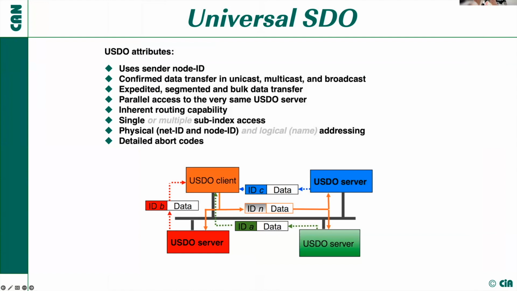It may operate in unicast, multicast, broadcast. It has an inherent routing capability. You may have parallel USDO accesses to the same or different communication partners. So it is a very powerful tool that we added with CANopen FD to this embedded communication.